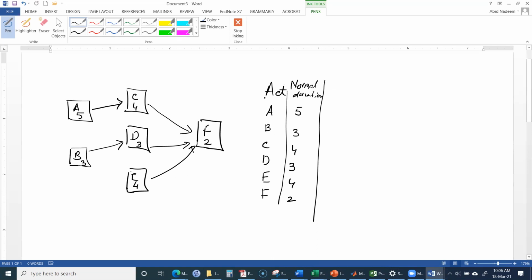In this time cost optimization, we have 2 types of duration for the activities.